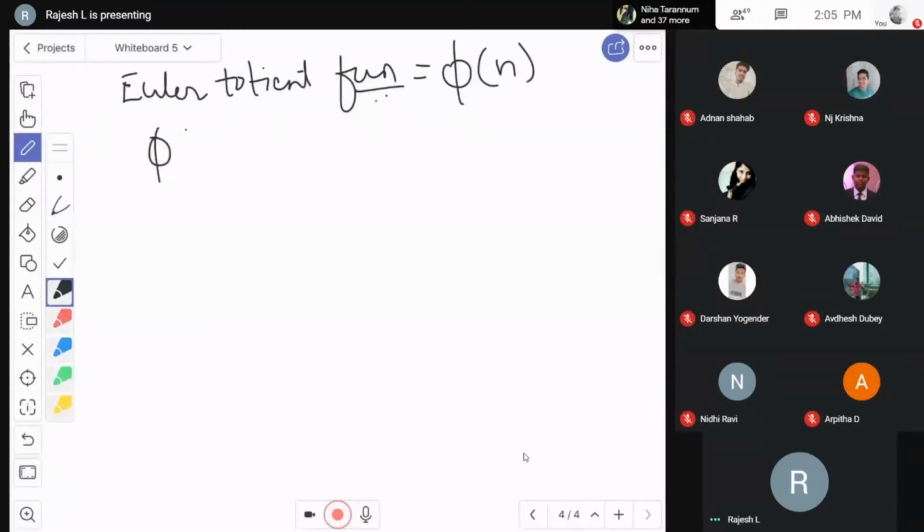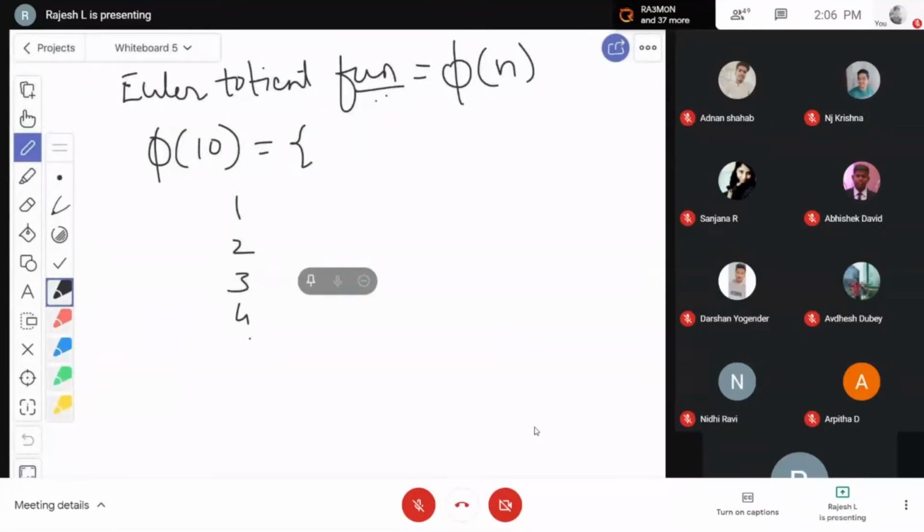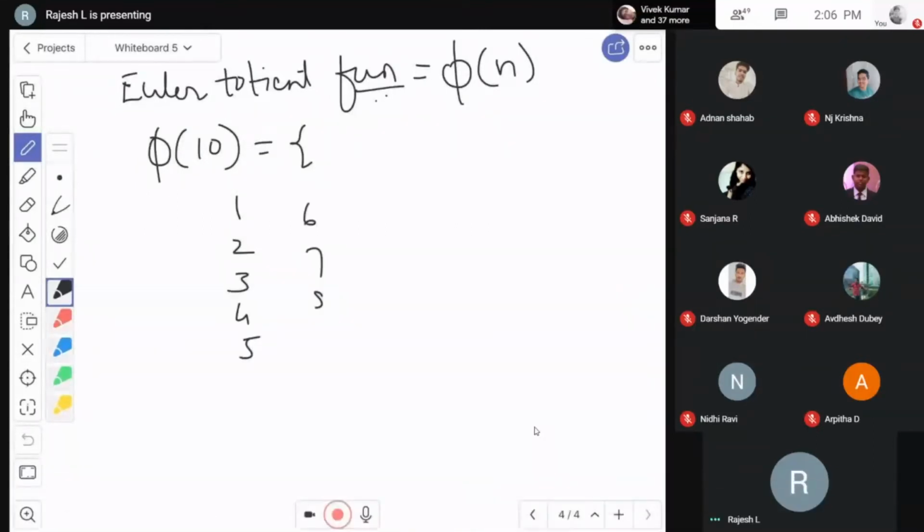First we have to determine which of the numbers from 1 to 10, that is 1, 2, 3, 4, 5, 6, 7, 8, 9, 10, divide the number 10. The two numbers are 2 and 5.